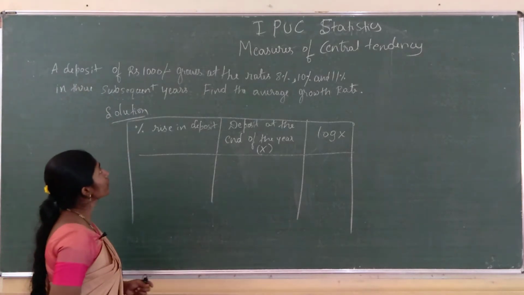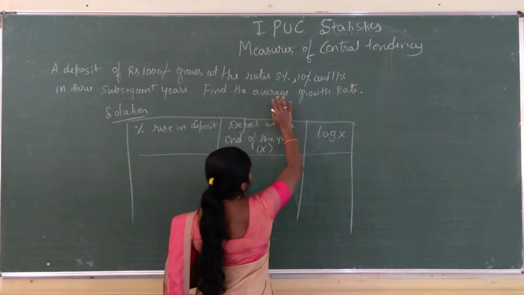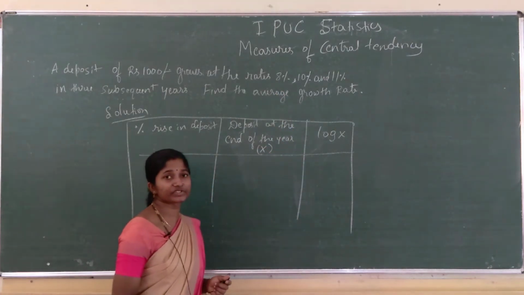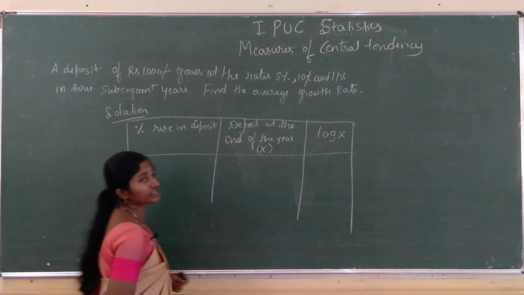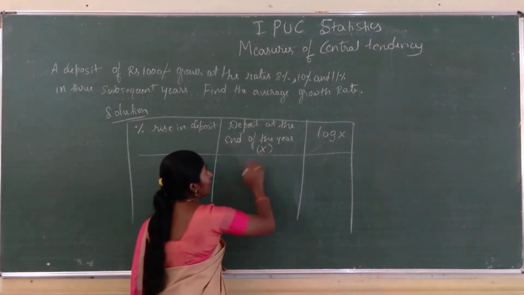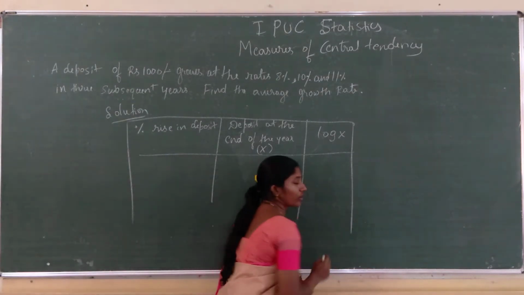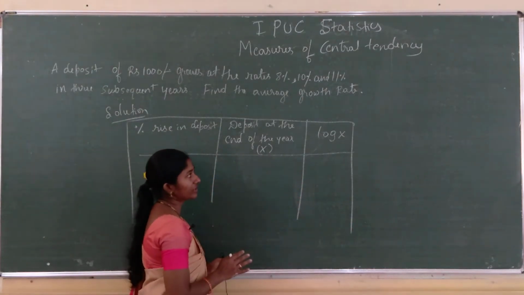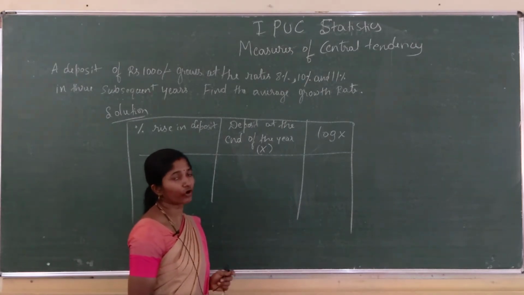A deposit of rupees 1000 rupees ಇಟ್ಟಿದ್ದಾರೆ, ಅದೆಷ್ಟು ಪರ್ಸೆಂಟೇಜಿಗೆ ಇನ್ಕ್ರೀಸ್ ಆಗುವಂಥದ್ದು 8%, 10% and 11%, ಅದಕ್ಕೋಸ್ಕರ percentage rise in deposit. Next, at the end of the year, what will be that deposit value, and you should find out the log for that one. After that apply the geometric mean formula.